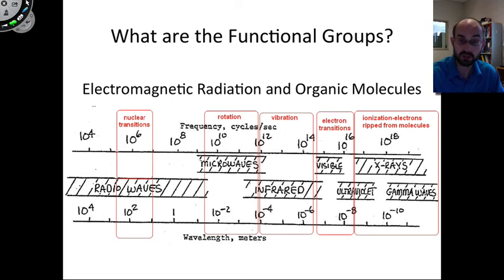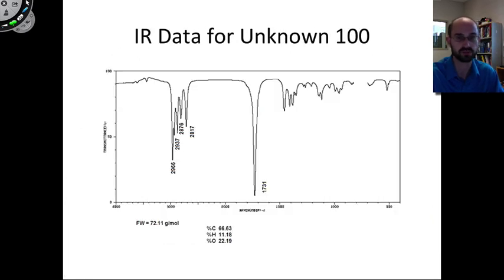So what we can do is take our unknown 100, our C4H8O, put it on an infrared spectrometer, and get out an IR spectrum, which in this case looks like that. Whoa, what is that? Well, we'll practice with these. Like I think I've said in class, one of the things I like about organic chemistry is that there are all these puzzles.